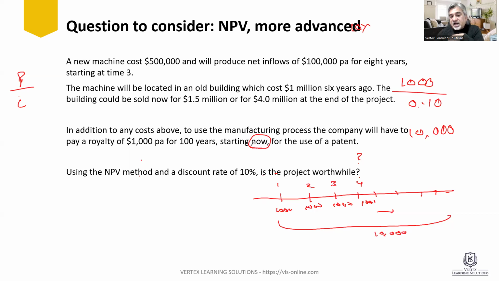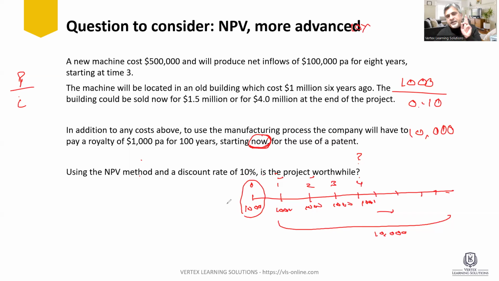But they say starting now, which means you have to pay in year 0 as well. You pay today and you pay at the end of the year. So it looks like I'm paying on 1st January and then on 31st December as well. When it says starting now, this is not only in this question; there will be many other situations where they tell you starting now. Wherever they say starting now, it means there is one additional amount.